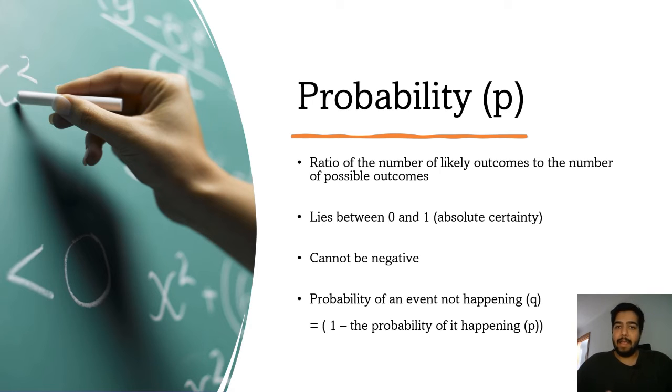Probability can never be negative, and probability of an event not happening, which is denoted by Q, is the probability of an event happening that is denoted by P subtracted from 1. So Q is equal to 1 minus P.